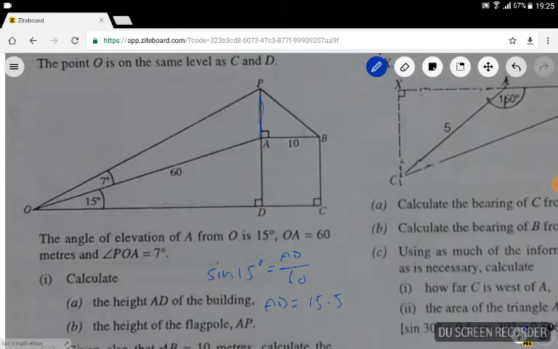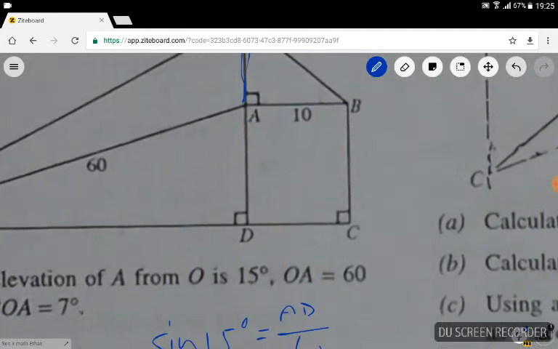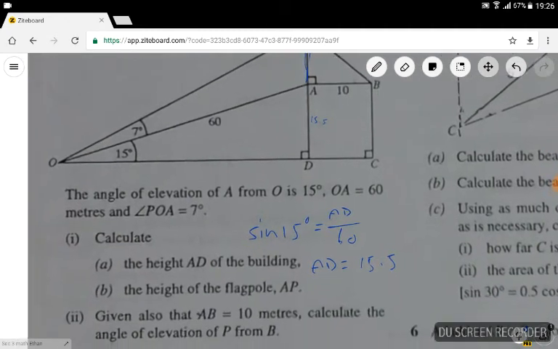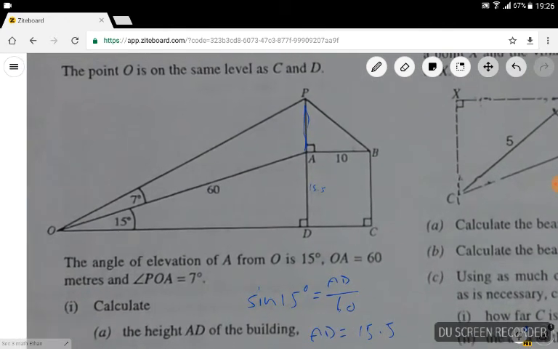And we know this is 15.5. So how to find AP?